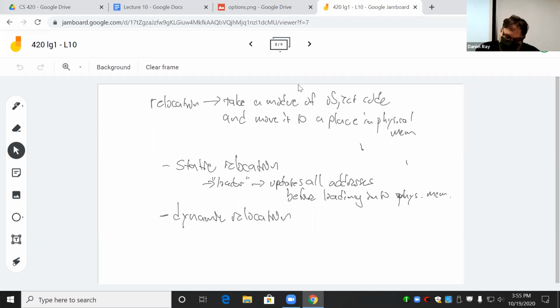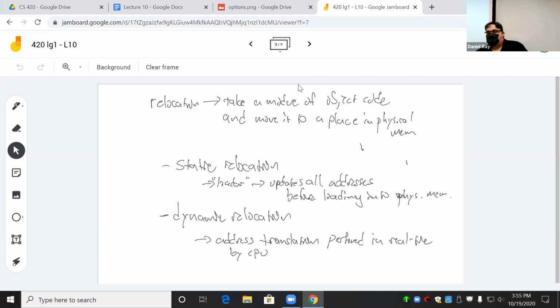Then there's dynamic relocation. Address translation, which means converting an address written in the language of logical memory to the language of physical memory, can be performed in real time during execution by the CPU itself.